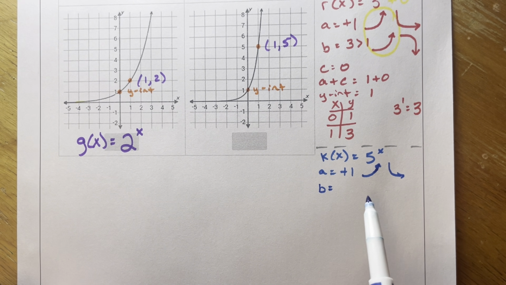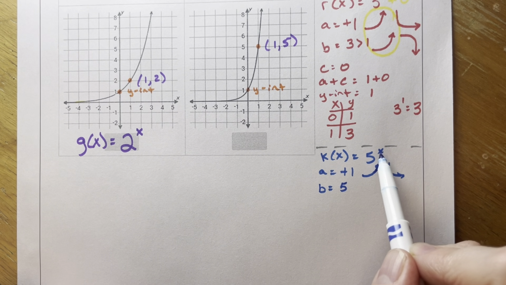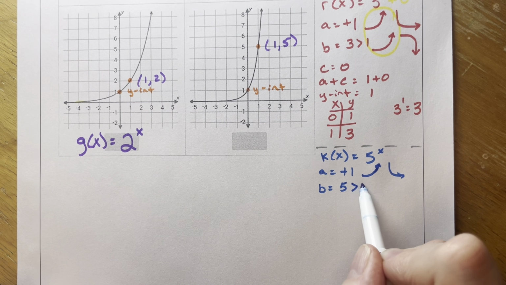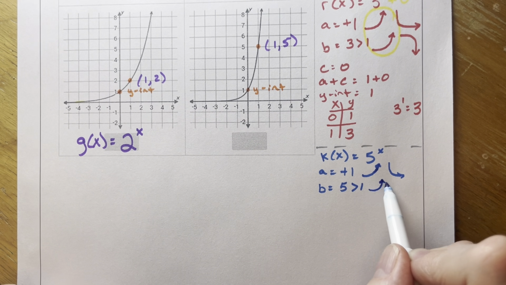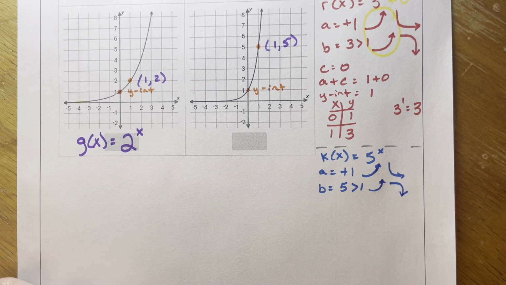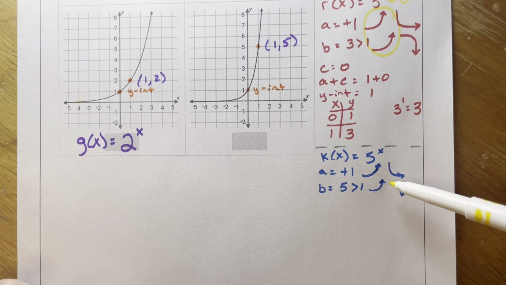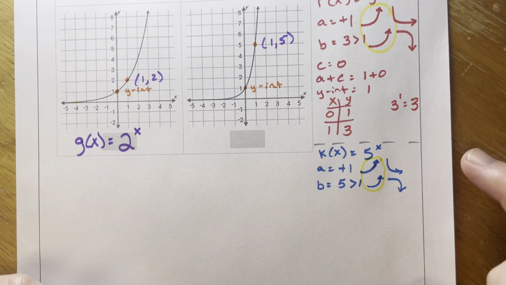And b is equal to 5, because it is our base that has an exponent of x. And 5 is most definitely greater than 1. So its curve travels either steeply upward to the right or steeply downward to the right. And as we've seen before, what a and b have in common is this traveling to the right steeply upward.